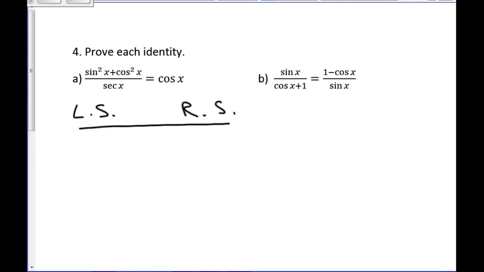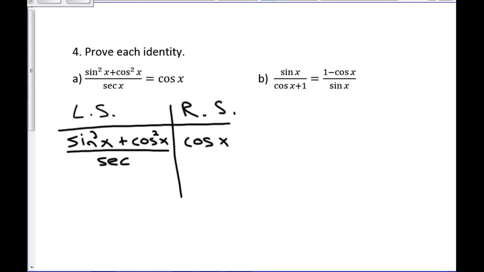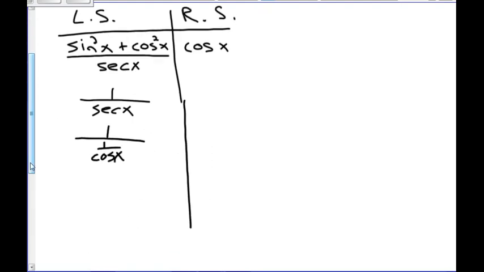The right side here is cos x. The left side is sine squared plus cosine squared over secant x. If we go through this, sine squared plus cosine squared, we know that that is 1, over secant x, which would be 1 divided by 1 over cosine x, which is the same as flip and multiply.